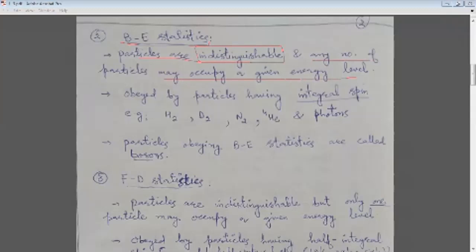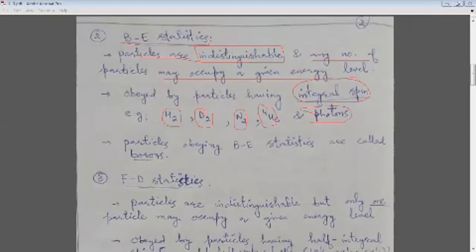This type of statistics is basically obeyed by particles having integral spin. For example, hydrogen molecule, deuterium, nitrogen molecule, helium-4, and photons. Very important.